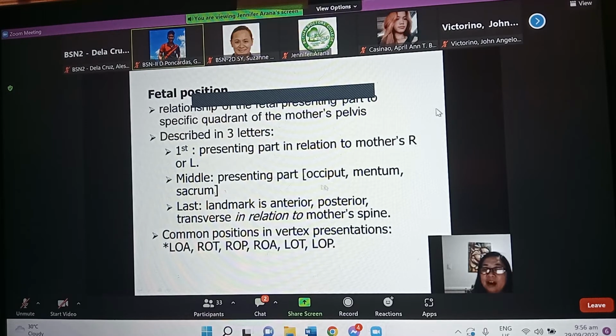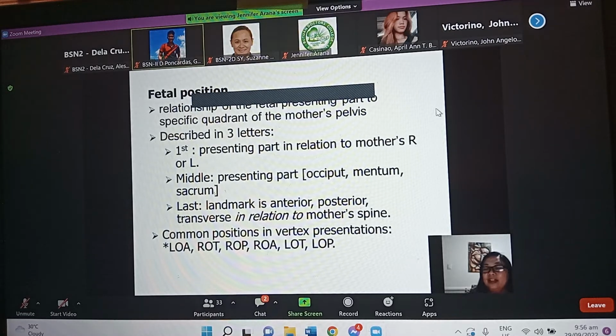So, O siya kung occiput, M kung mentum, S kung sacrum. Okay, sacrum siya kung naka-breech, di ba? The last letter of the 3 letters represents the landmark, which is the anterior, posterior, or transverse in relation to the mother's spine.